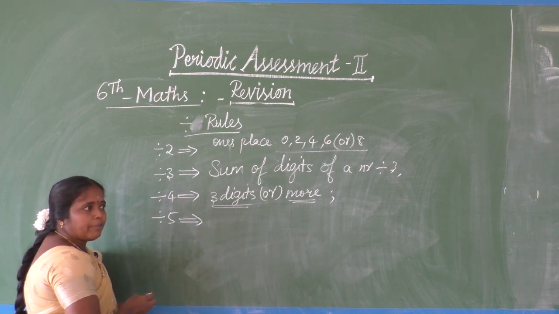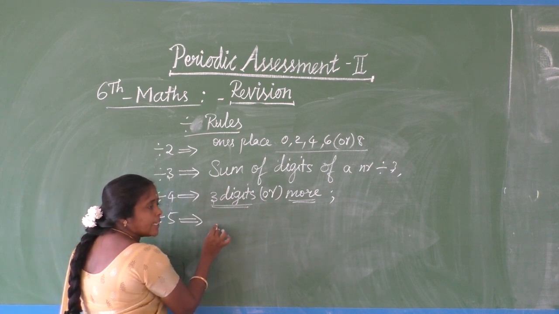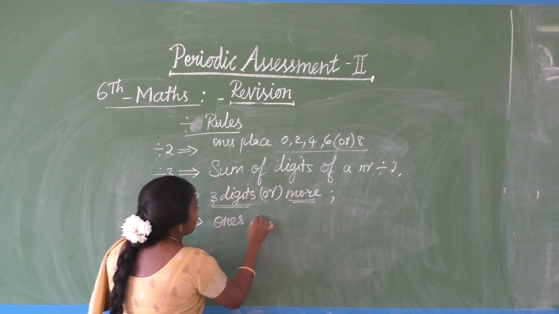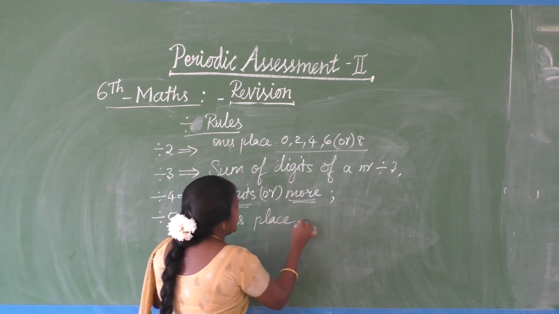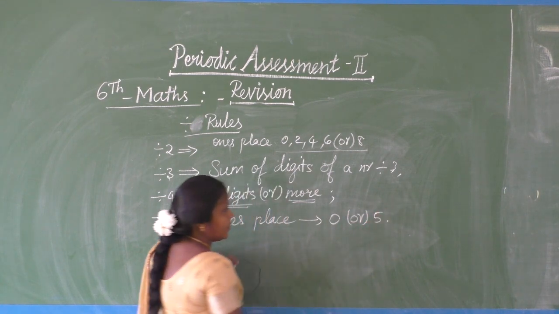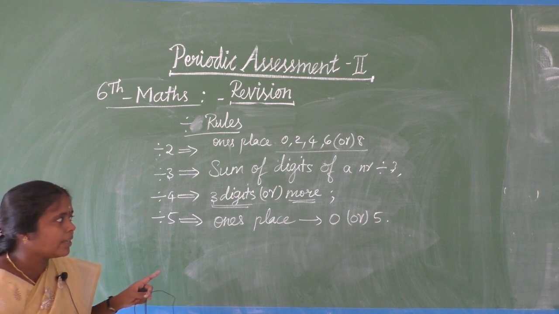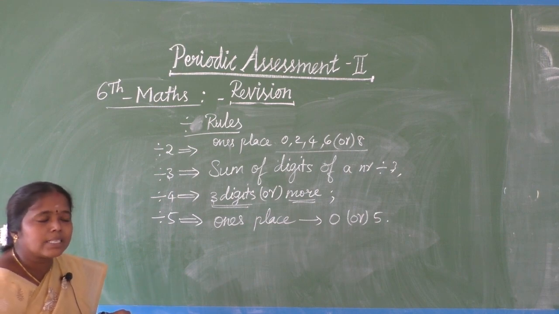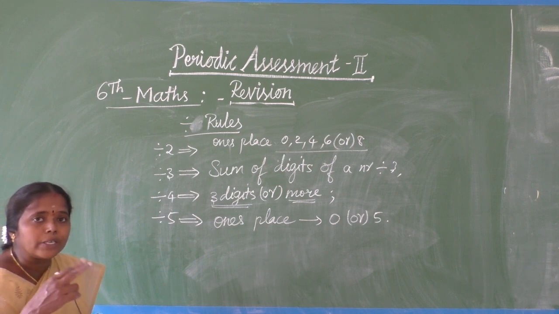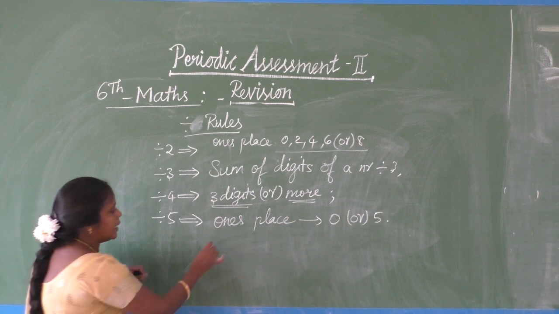What about divisibility by 5? The number must contain either 0 or 5 in its ones place. That means that number is divisible by 5. Why are we telling like this? See, just check the multiples of 5. 1 5 is 5, 2 5s are 10, 3 5s are 15, 4 5s are 20, like that.